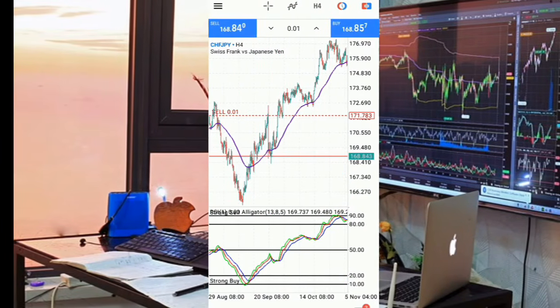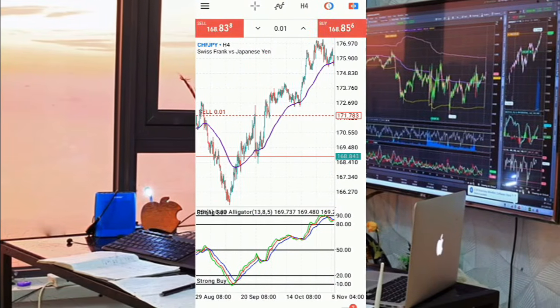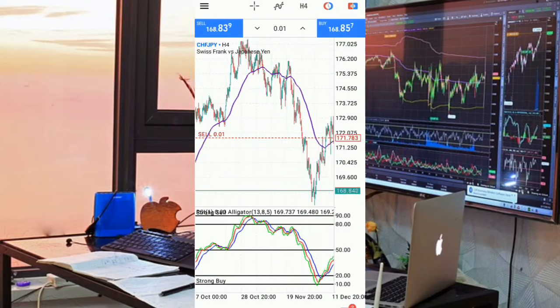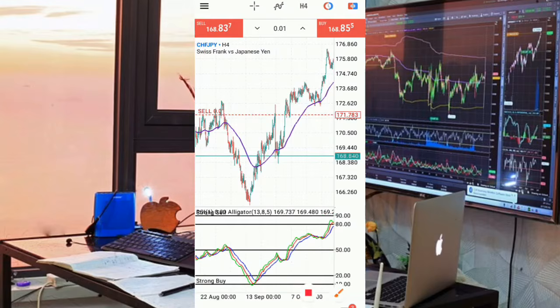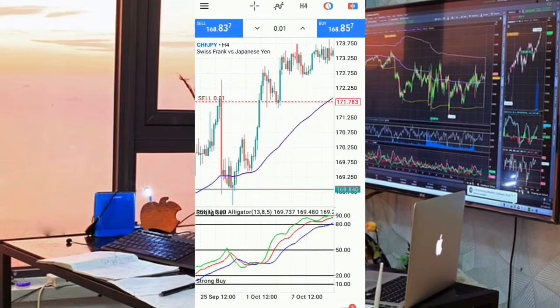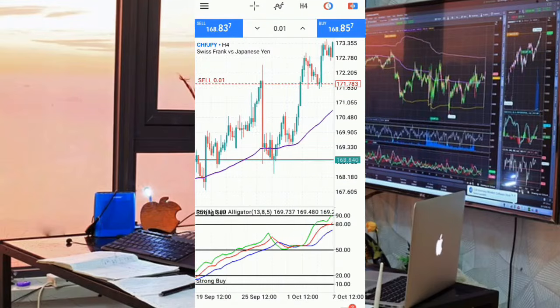Now, the first thing we are going to mind is when the alligator comes to the 20 line level like this. For the alligator, we have to make sure that before you can enter or make any entry, the alligator is not like this.